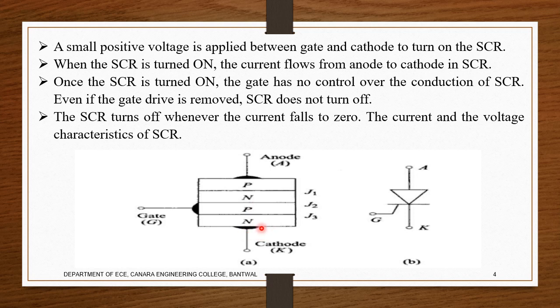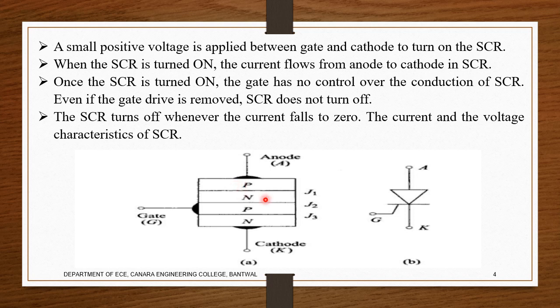This end is made as the cathode, this is the anode, and in between you can see the N and P and N here. This layer is connected to the gate, so this acts as a switch, connected to the P. As we know from basic knowledge, whenever it is forward biased, any circuit will start to conduct.